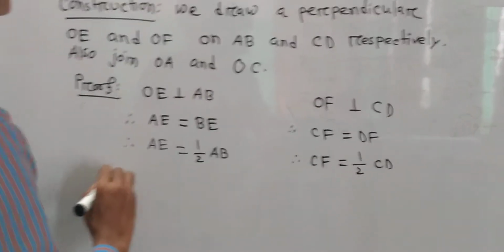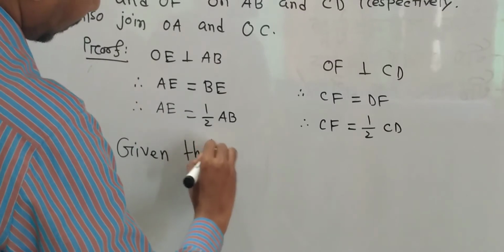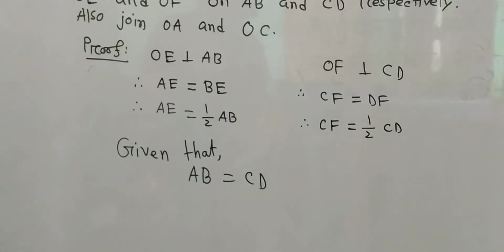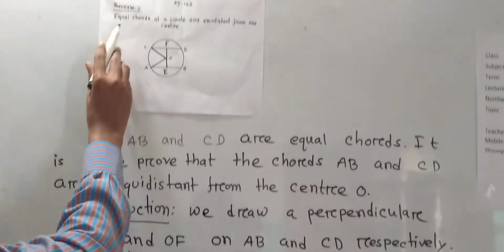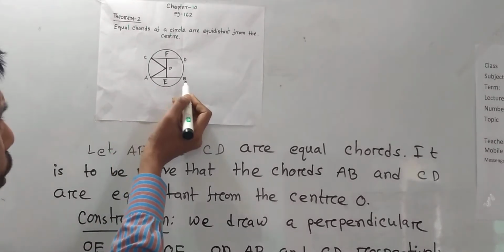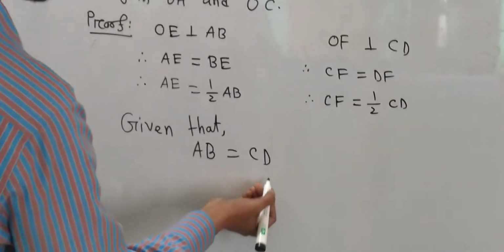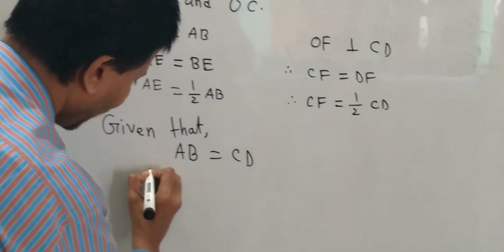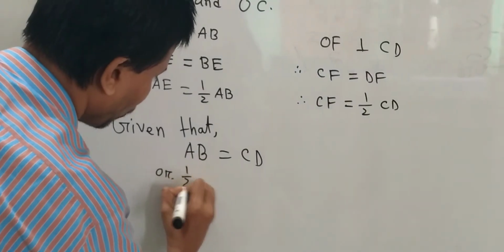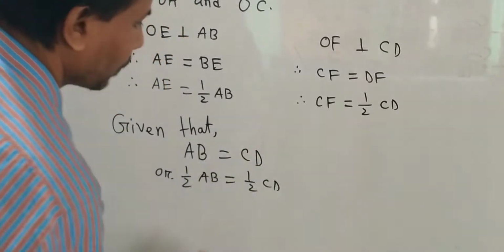Now again look, given that AB and CD are equal chords, that means AB equal to CD. If we multiply both sides by half, then we get 1 by 2 AB equal to 1 by 2 CD.